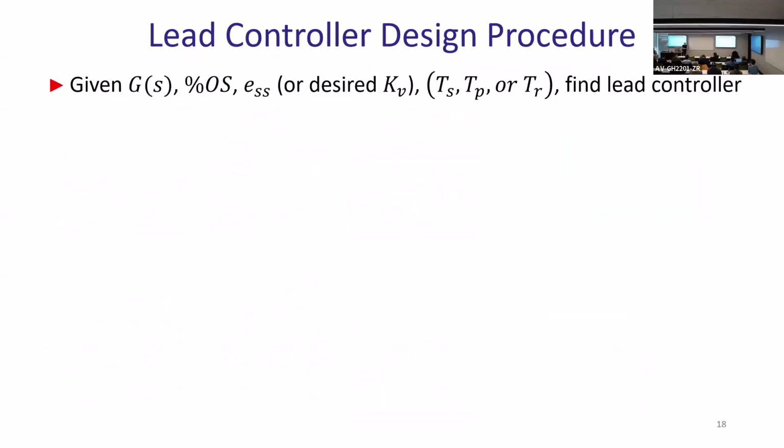Now, what is our design procedure? How do we design lead controllers given a transfer function, given, for example, overshoot, steady state error, or some constant like KV, which is a desired constant, and additional parameters like settling time, peak time, rise time, regular parameters that you used to see.